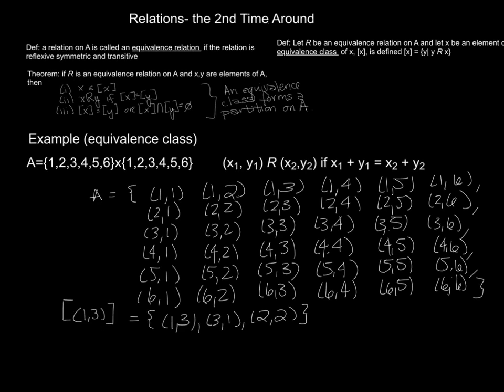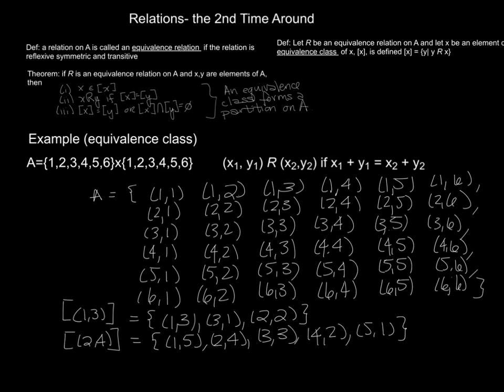Looking at another equivalence class, the equivalence class of 2, 4. The things that are equivalent to 2, 4 are the ordered pairs that add to 2 plus 4, 6. So that's going to be the pairs 1, 5, 2, 4, 3, 3, 4, 2, and 5, 1. In fact, this matrix here is drawn in such a way to find the equivalence class quickly.